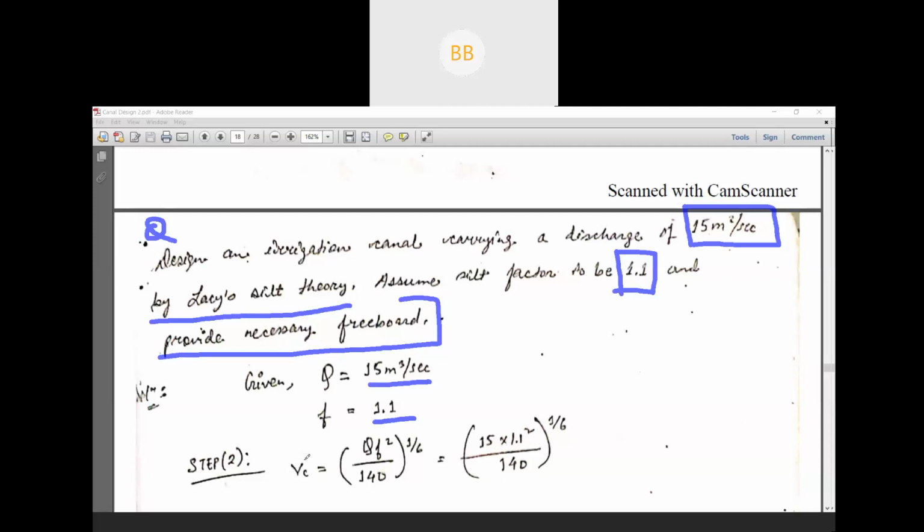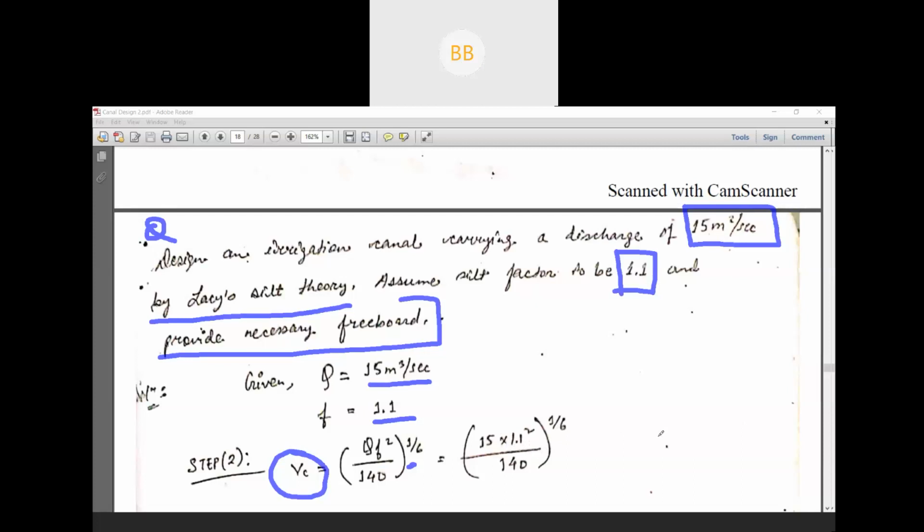The second step is to find the velocity by using this equation: V equals Qf squared divided by 140, to the power 1 by 6. Substitute the value of Q, which is 15, already given. In place of small f, substitute 1.1, which is also given, and 140 to the power 1 by 6. Find the velocity.